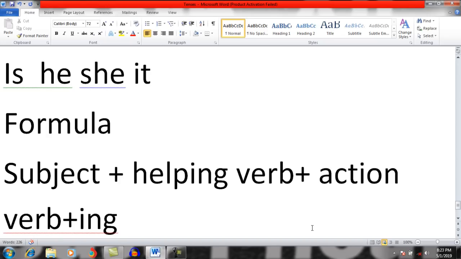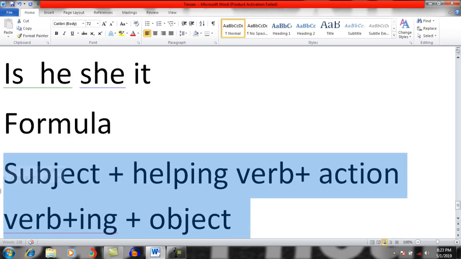In every continuous tense we have to put ing, then object. So I'm just going to make the formulas.